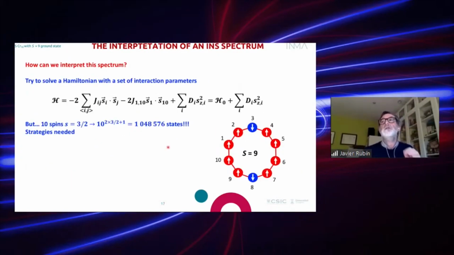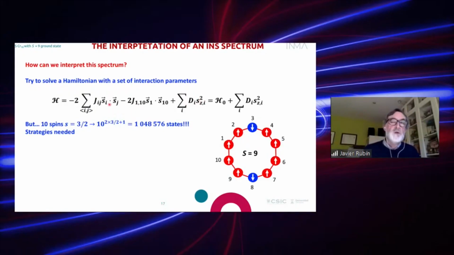Now, if we want to calculate these obtained parameters from this spectrum, then we should have something like this. I put in the Hamiltonian with the Heisenberg term, and this is just to make clear that we have to close the ring, and then we just put in a uniaxial anisotropy interaction.